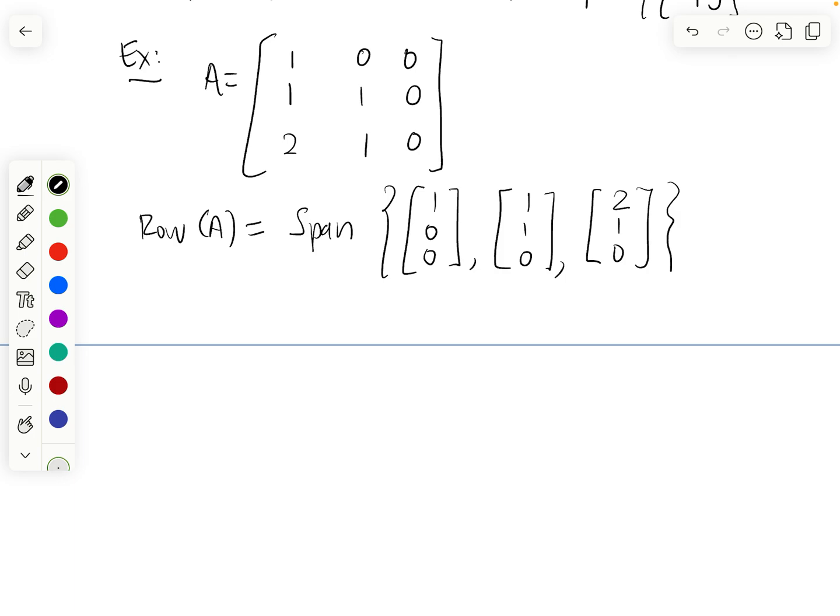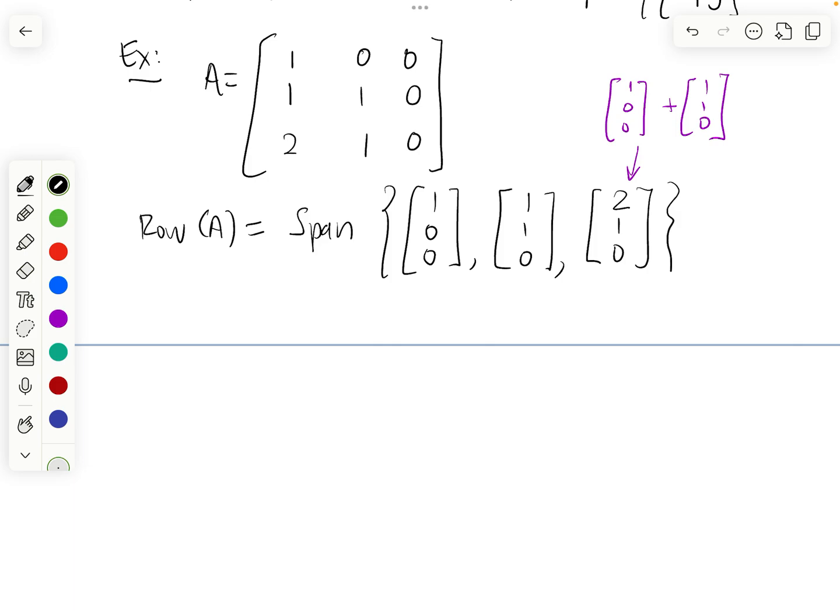Now, are these three vectors linearly independent or dependent? They're linearly dependent. In fact, this third vector is the sum of the first two. So it's 1, 0, 0, the first vector, plus 1, 1, 0.